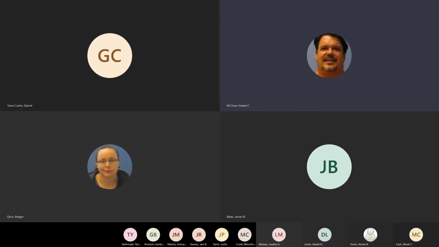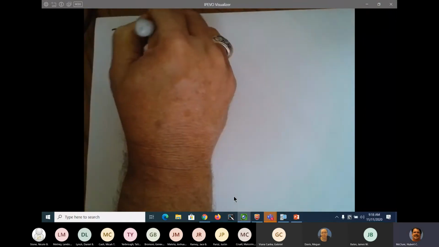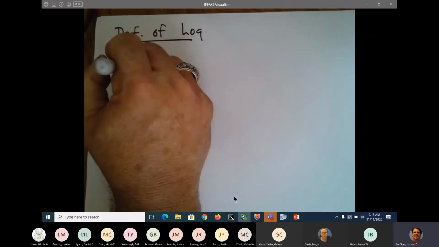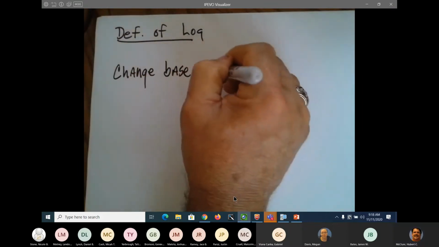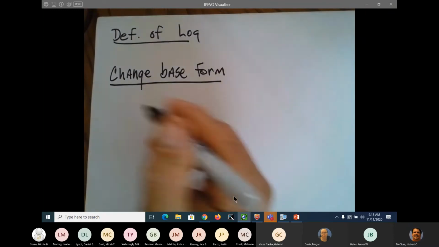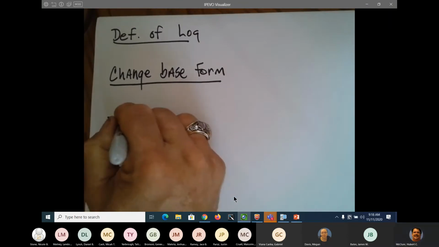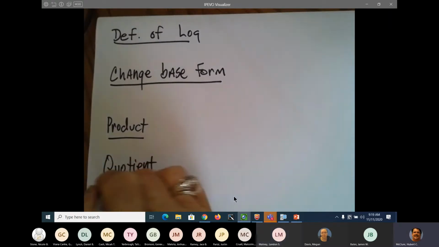And the properties, there it is. The properties are the definition of a logarithm, the change-of-base formula, which we'll go over later, the product rule, the quotient rule, and the power rule.